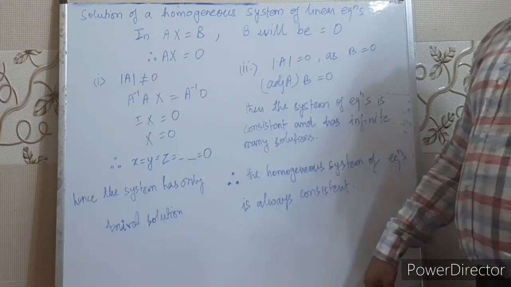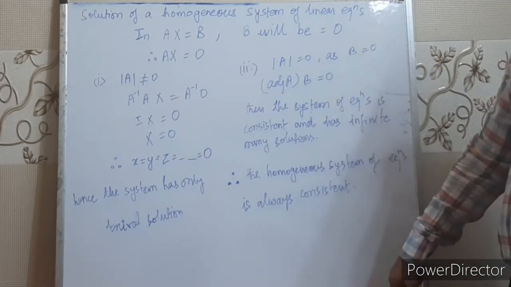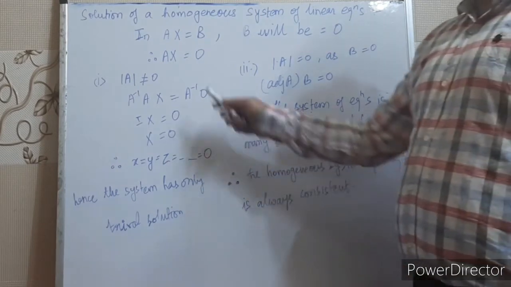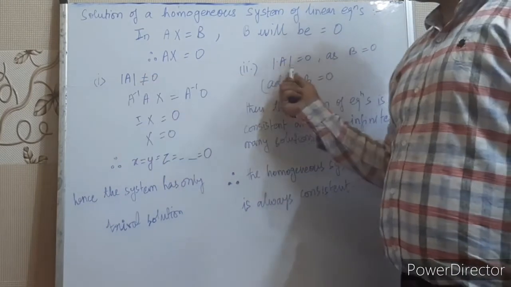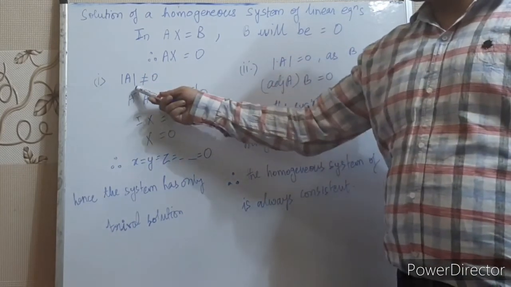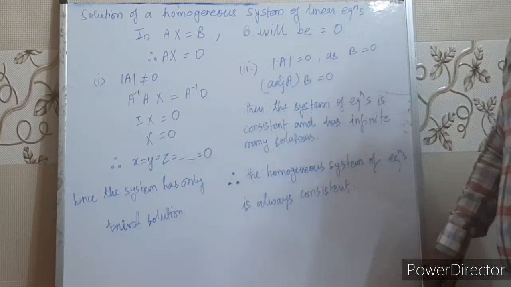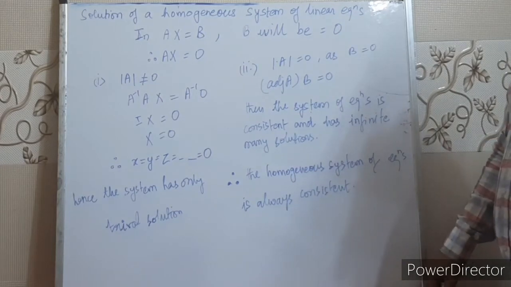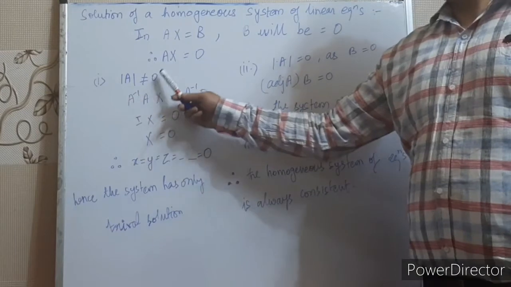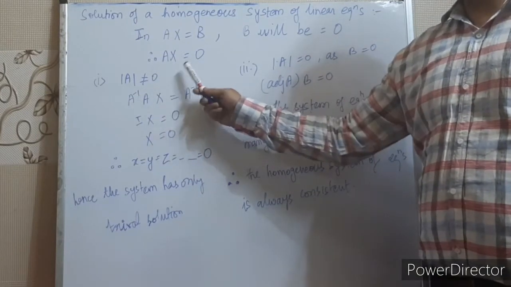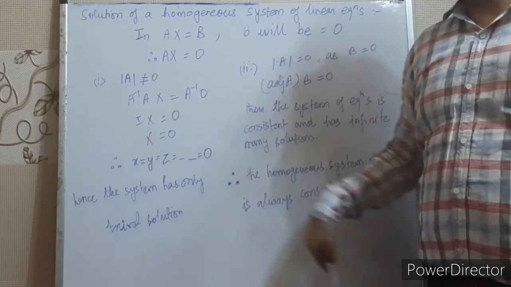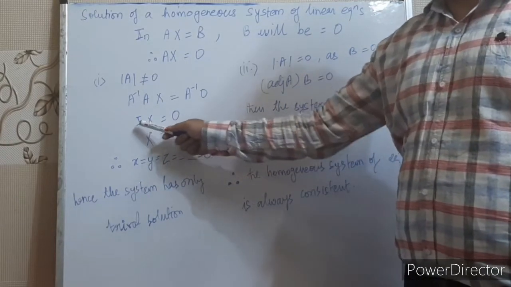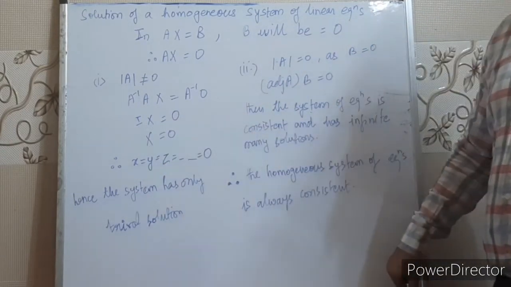From here two cases arise: the determinant of A could be 0 or not 0, right? We'll discuss both cases. First, when the determinant of A is not equal to 0, that means A is non-singular, right children? So multiply A inverse on both sides. Here A inverse into A will be the identity matrix, and the identity matrix into X is X matrix.